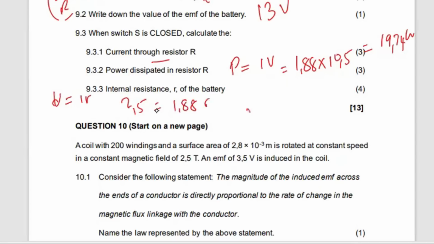Divide both sides by 1,88. Surprised, internal resistance in grade 11. I'm getting 1,33 ohms. All right, so that is question number 9.